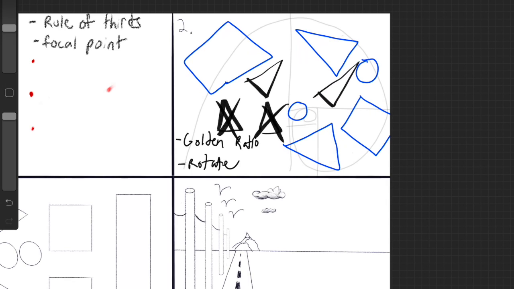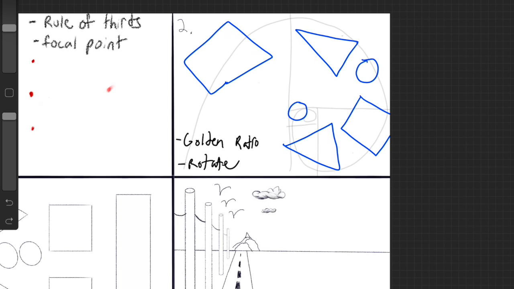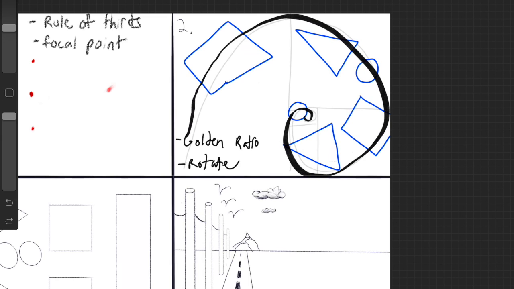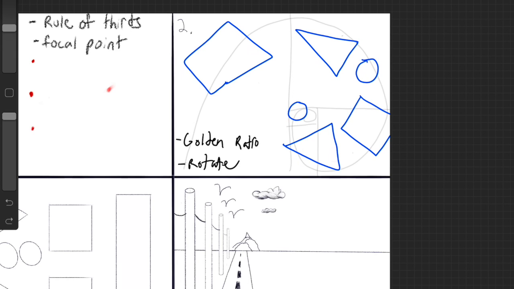So without overloading us, the golden ratio is found a lot in nature, and you can look up online more about it if you'd like to, but the golden ratio is really about movement. So rotating the images and putting the shapes or focal points in some sort of way along this line could also help with movement.